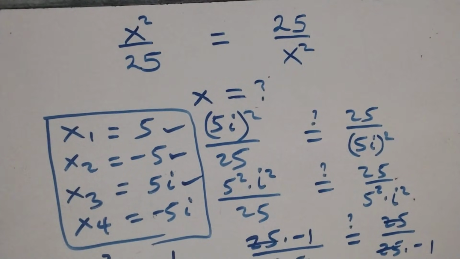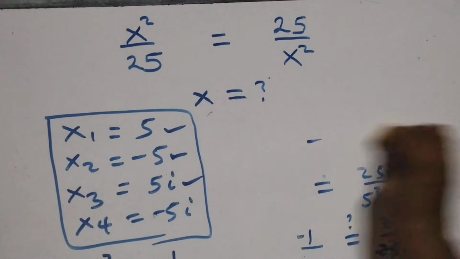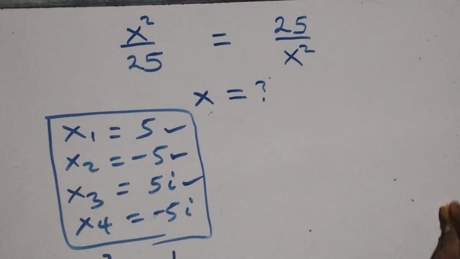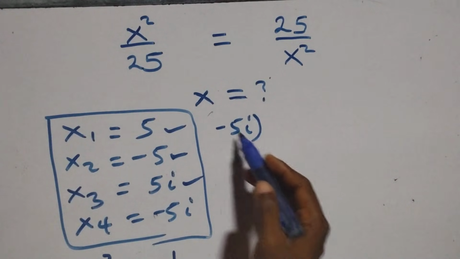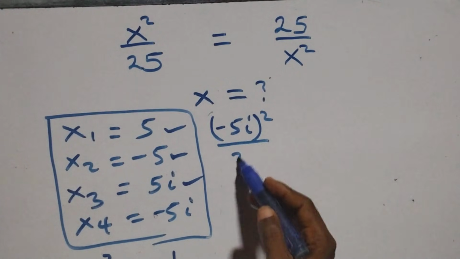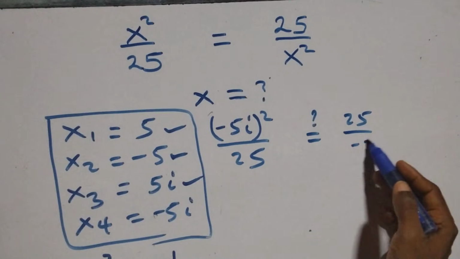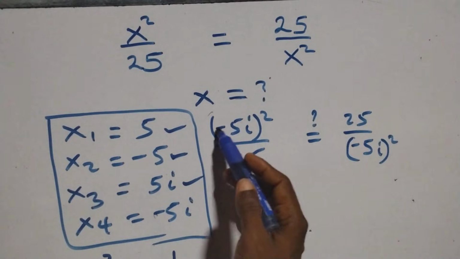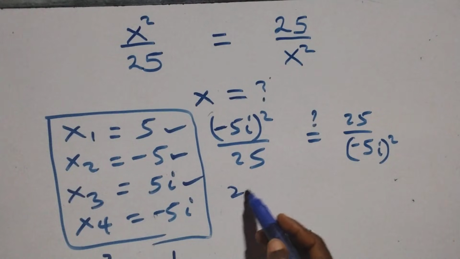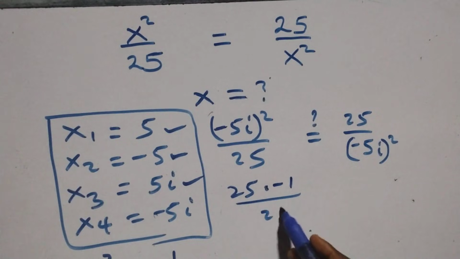Also, we substitute x equals to minus 5i. Then this equation becomes minus 5i all squared over 25. Is it equal to 25 over minus 5i all squared? Then this square affects minus, become plus, affects 5, that's 25. And it also affects i, minus 1 over 25.